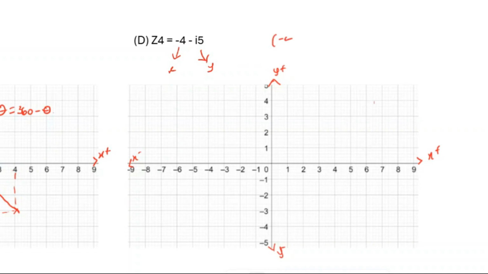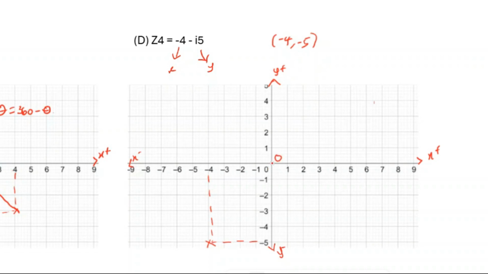So we have minus 4 comma minus 5. Representing minus 4 on the negative x-axis is going to be this point, then minus 5 on the negative y-axis. So this will go down, and this will be at this point, minus 4, minus 5. Using short dashes to locate this point, then also minus 5.